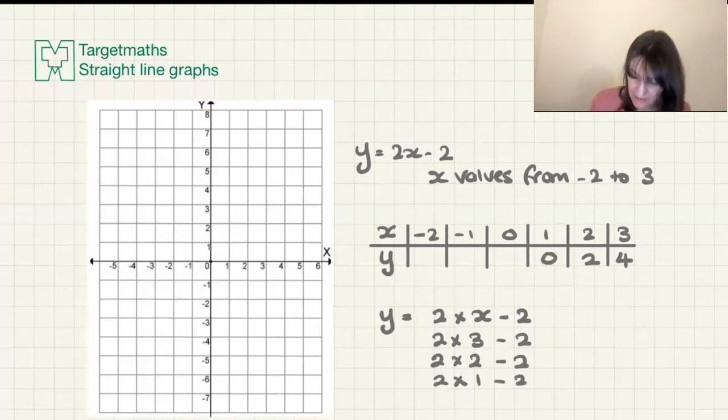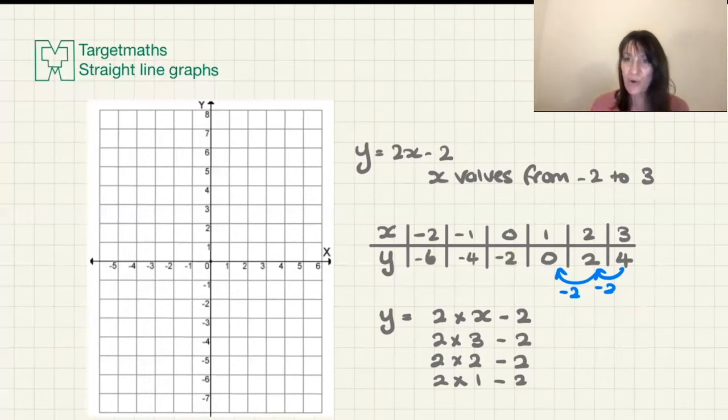And now I have enough to see if there's a pattern. There is. Really important because not all rules give the same patterns, okay? This particular style of question does. So I'm going to take away 2, take away 2, take away 2. So if you got that right, you already have 2 out of your 4 marks.